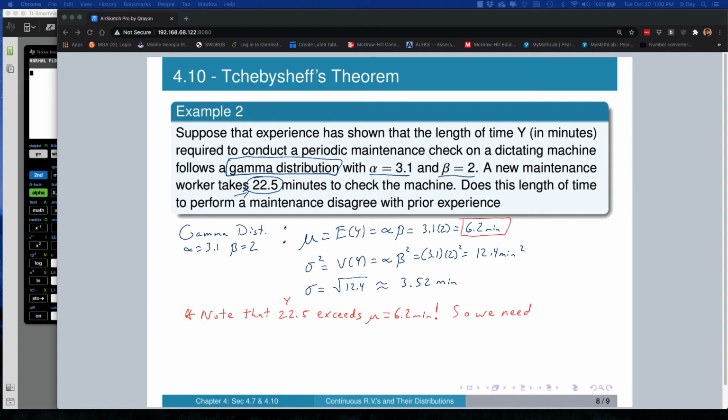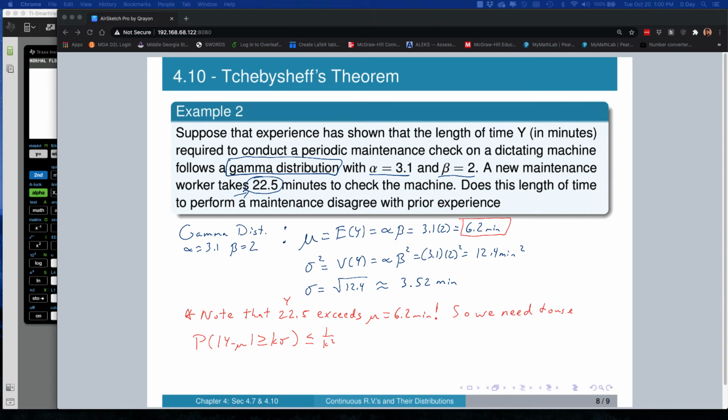So we need to use the probability that the absolute value of y minus mu is greater than or equal to k sigma, because we're exceeding the mean, and that's always going to be less than or equal to 1 over k squared.